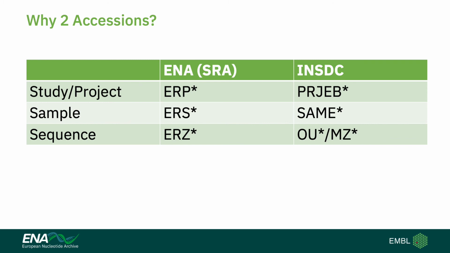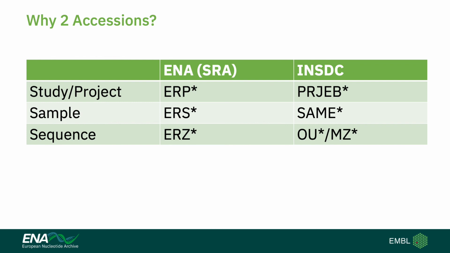You've probably noticed that in a couple of cases you could receive a few different accessions for what would appear to be the same object. Study or project receives ERP and PRJEB accessions.